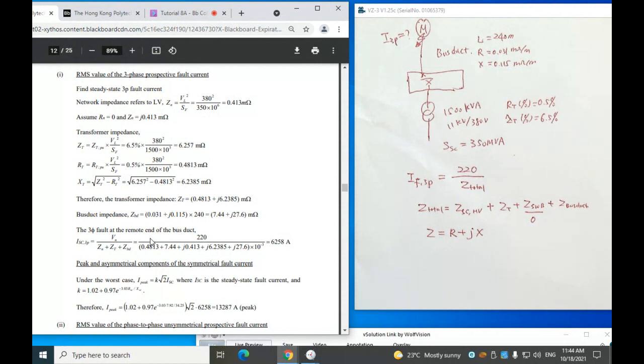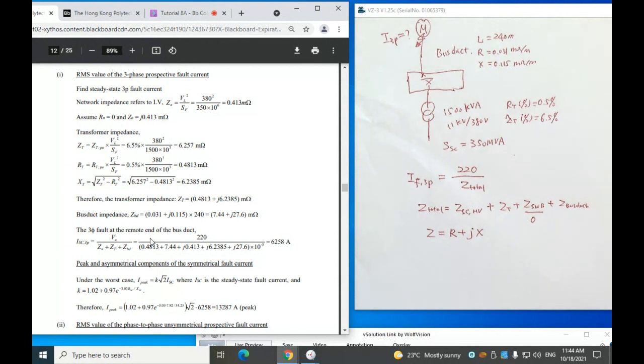As we said in the lecture, the resistance value for the HV circuit could be 0. Because nothing is given here, you can assume it is equal to 0. That means the reactance X is just equal to 0.413 milliohm. So this is the HV circuit impedance.